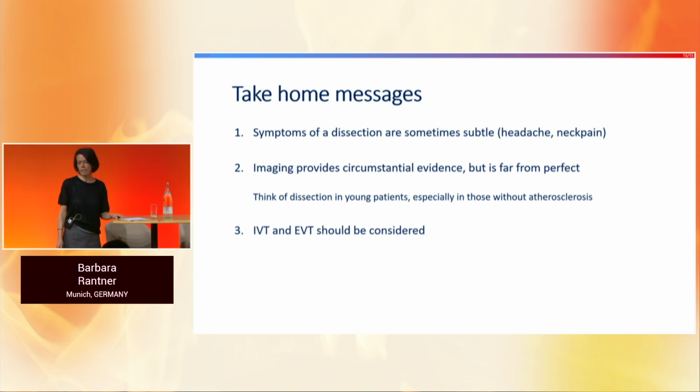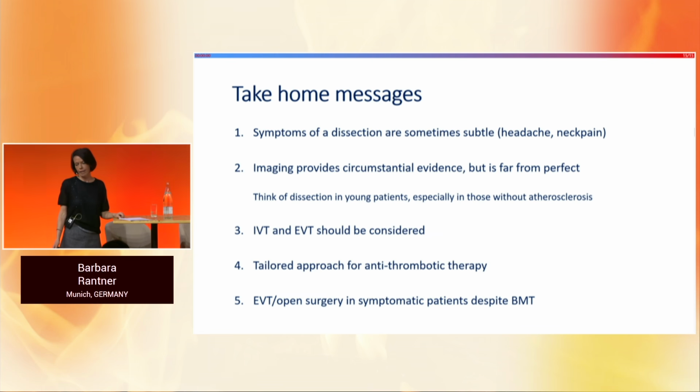You should consider intravenous thrombolysis if you are in this early window of neurological symptom onset. Endovascular treatment could be considered. The antithrombotic therapy is quite open, as I tried to show you. And then it's probably, again, a clear team approach to either choose endo or open or hybrid for those patients.